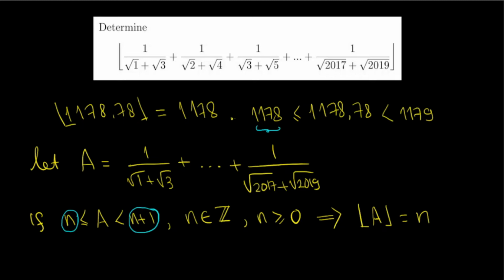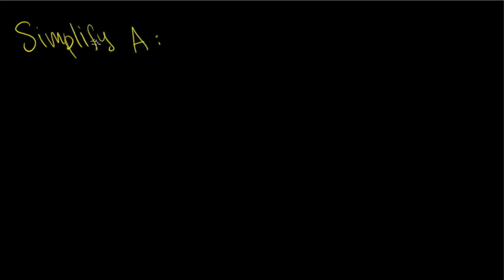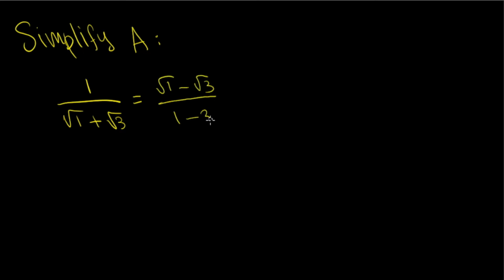First I will simplify a to make it easy. Starting from the first term, multiplying by the conjugate, I get this, and this is exactly square root of 3 minus square root of 1, over 2.